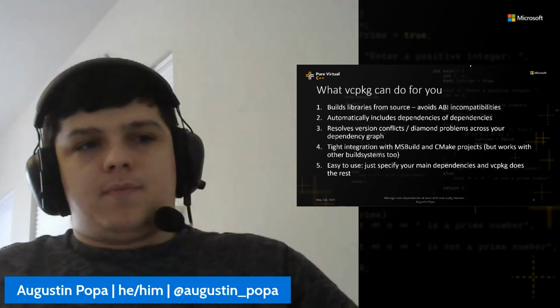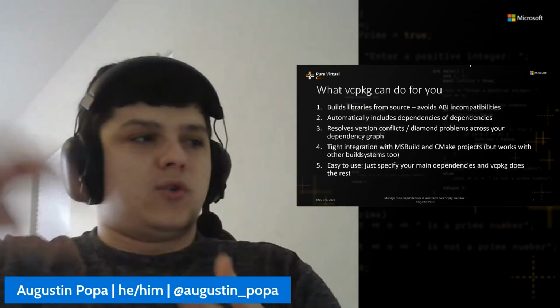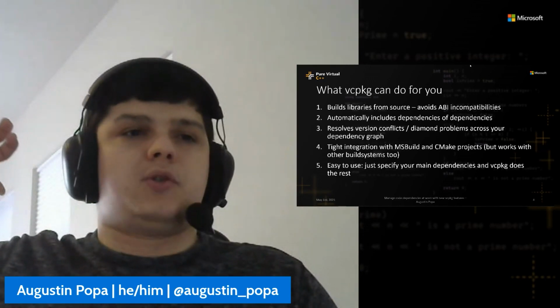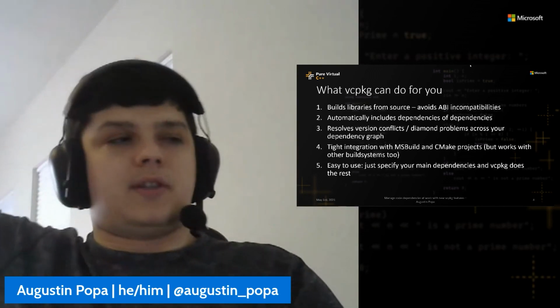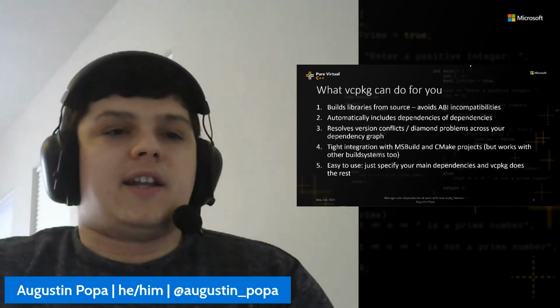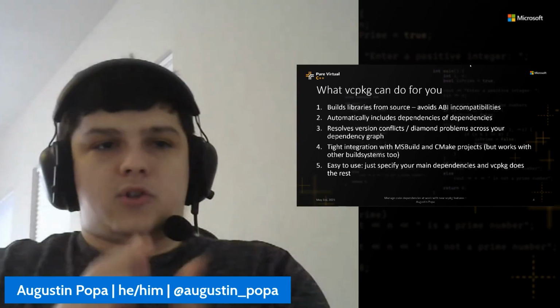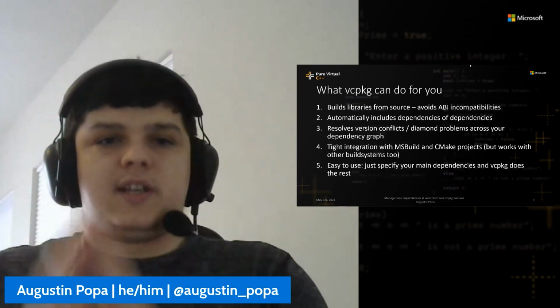Well, vcpkg solves all that for you. You can just tell it, okay, I want these 3 libraries, and then it will also install their own dependencies upstream, so that although you just have to say you want those libraries, all of those upstream ones also get set up for you, so it'll just work. And again, I talked about the version set, so that whole problem of version conflicts is avoided, which is really nice.